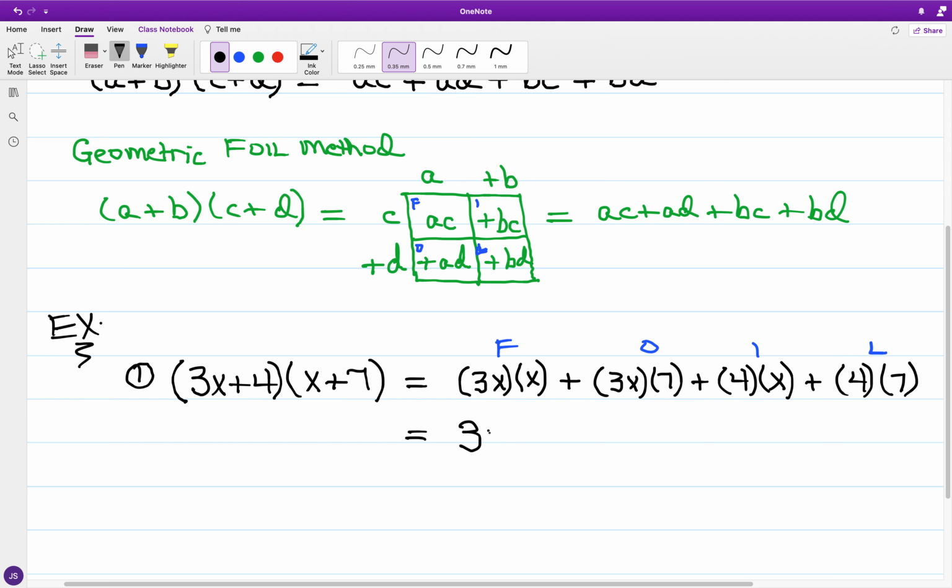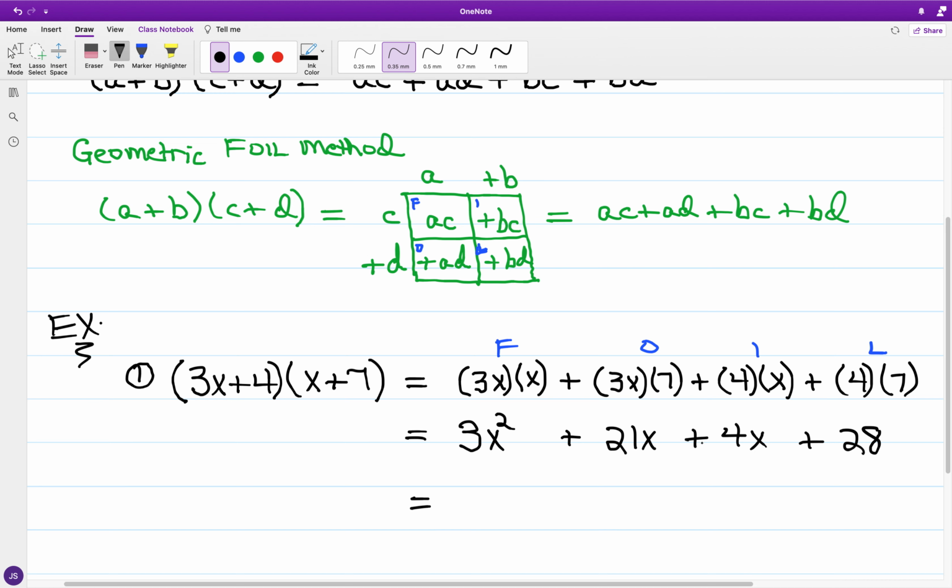So this will become 3x squared. Then for the outside product, we have 3x times 7, so this will be 21x. And for the inside product, we have 4 times x, which will be 4x. And the last part, we have 4 times 7, so this will be 28.